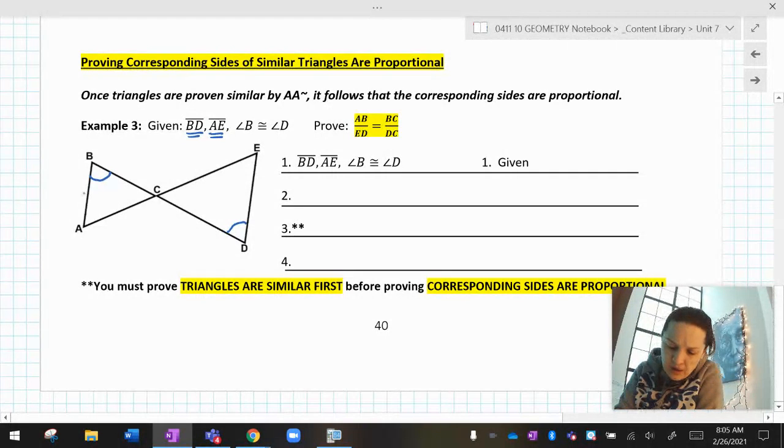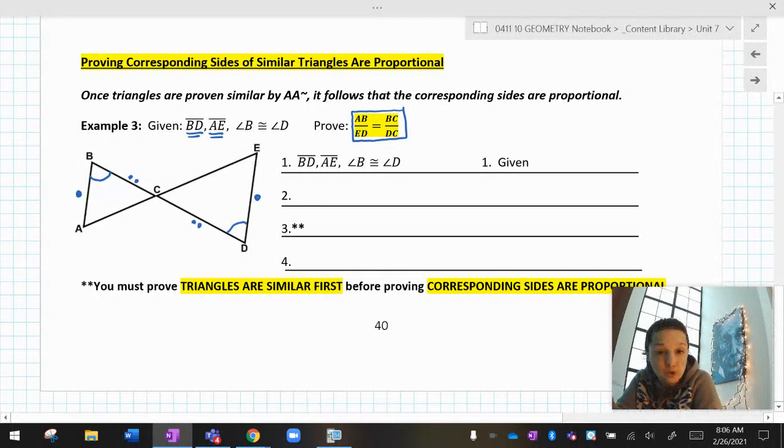Wait, what? AB over ED. Okay, so those would be corresponding parts. BC over DC. Oh, those would be corresponding parts. What they've done is they're saying prove that this proportion is true.